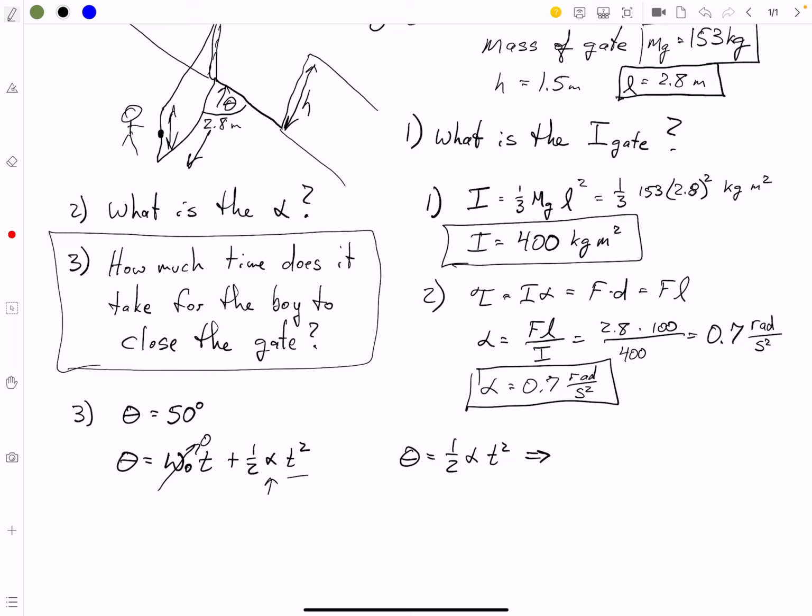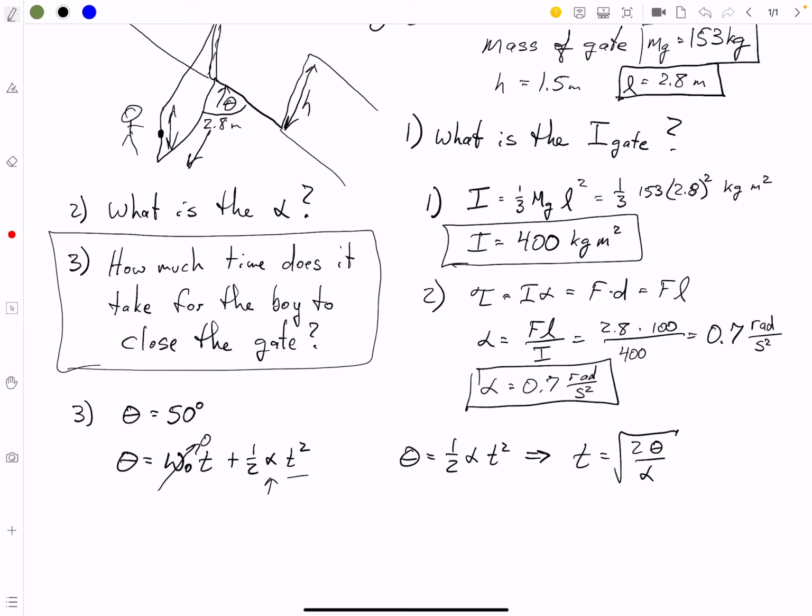Oh my gosh. Okay, so how do we do this? Well, we solve for t. So t equals 2 times theta divided by alpha, and the square root.